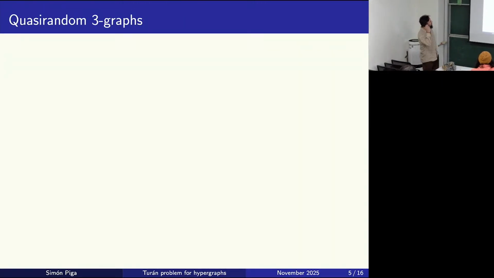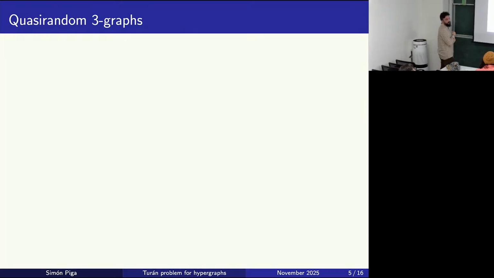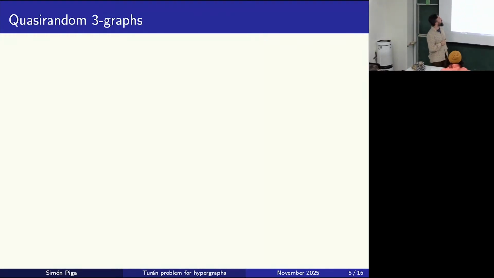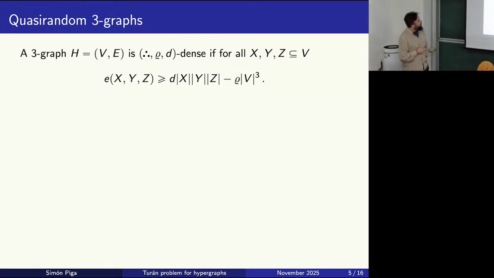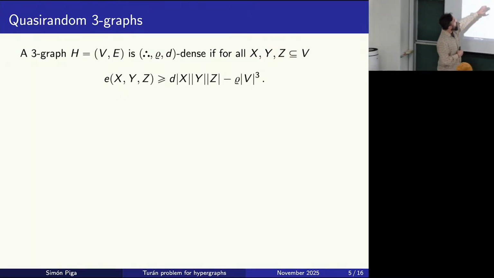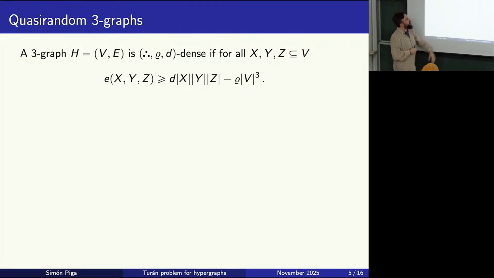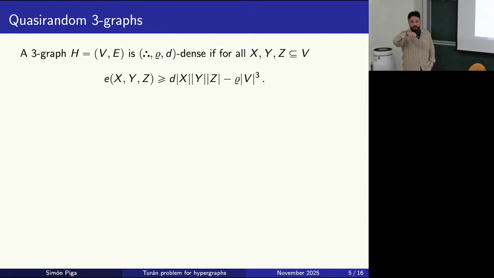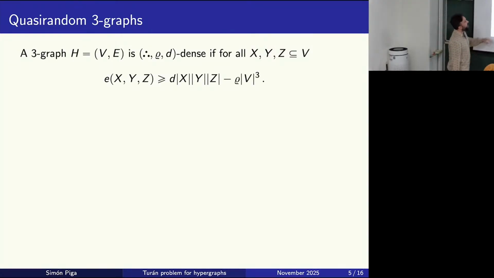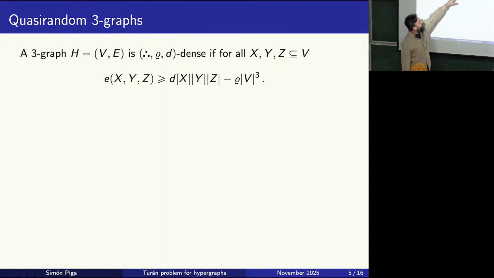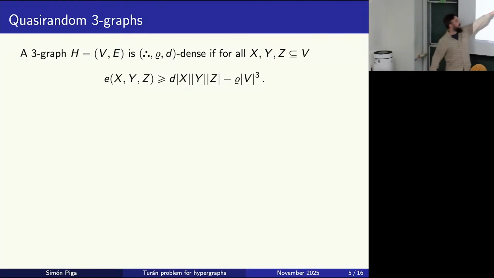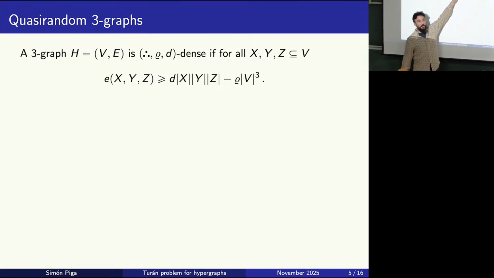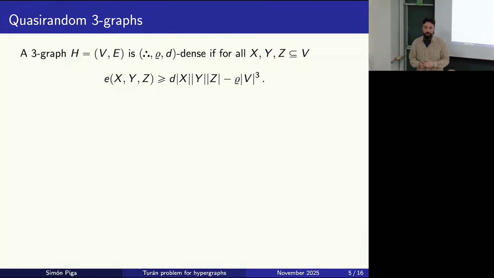So let me go to the first, or the most natural, I would say, definition of quasi-randomness for 3-uniform hypergraphs. So we say a 3-graph is 3-dot-rho-d dense, and here the 3-dot means the type of quasi-randomness that we are talking about, if for every 3 set of vertices, the number of edges that go across those 3 sets of vertices is at least a d proportion of the maximum, minus some small error term.